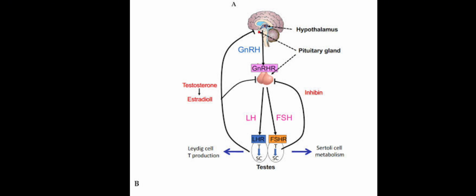In the interstitial tissue lie the Leydig cells, which are responsible for testosterone production, and this is under the control of luteinizing hormone. So the interstitial tissue is composed of Leydig cells and is under the control of LH, while the seminiferous tubule is composed of Sertoli cells, is under the control of FSH, and helps in spermatogenesis.